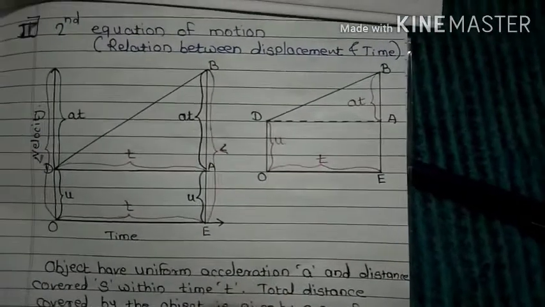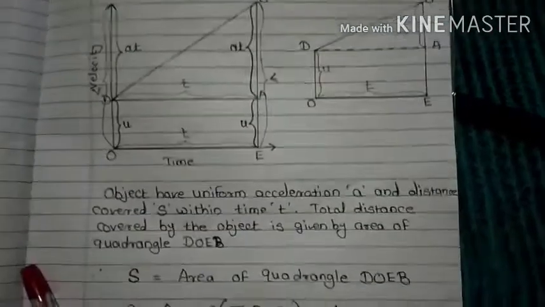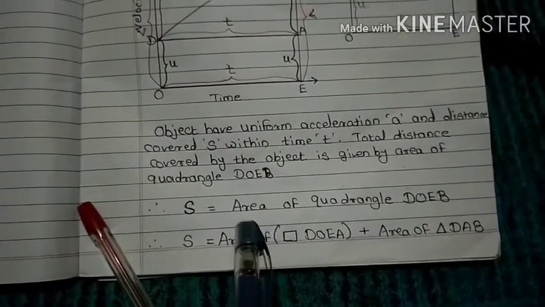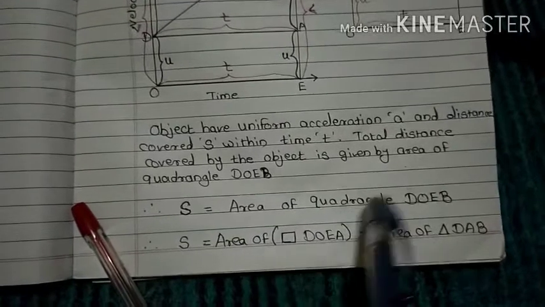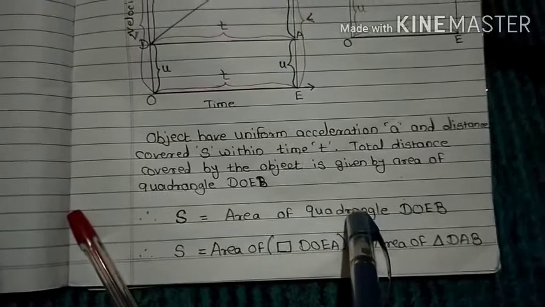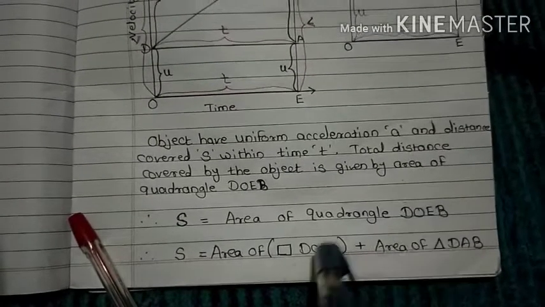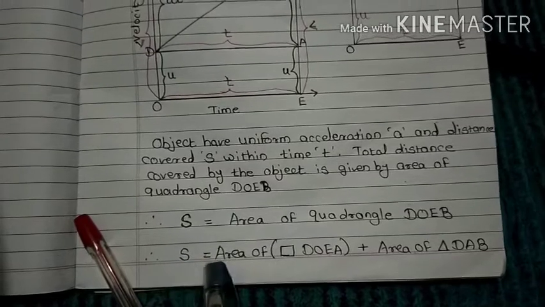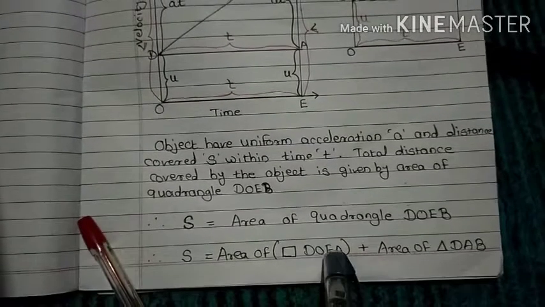So, to find the equation, we are mentioning that the displacement of an object is equal to the area of quadrangle DOEB. Now, if we want to find the quadrangle's area, we need to look at this. S is equal to the area of this quadrangle.